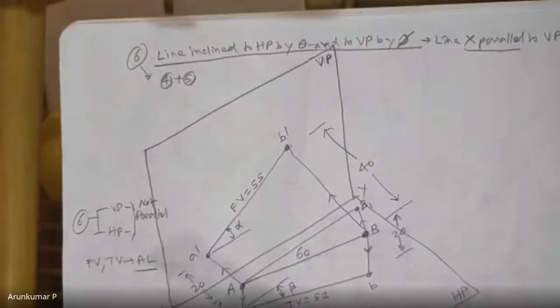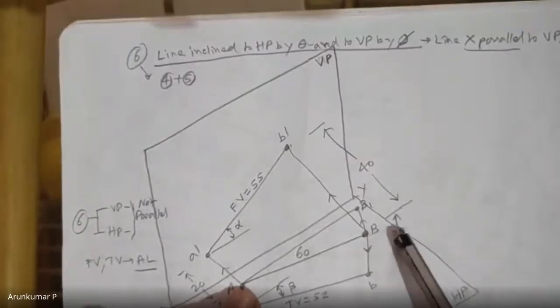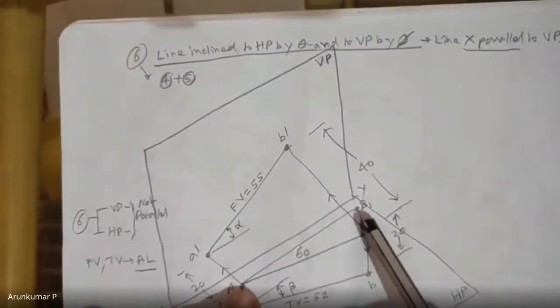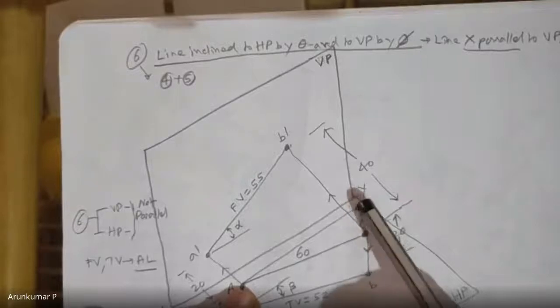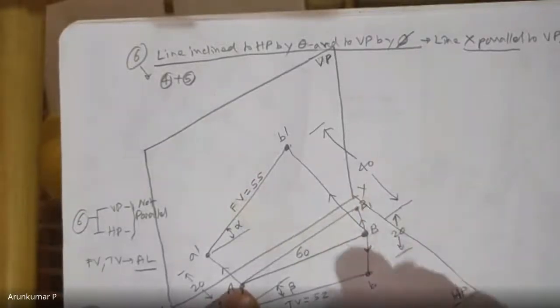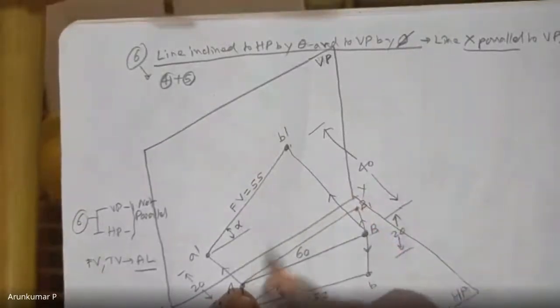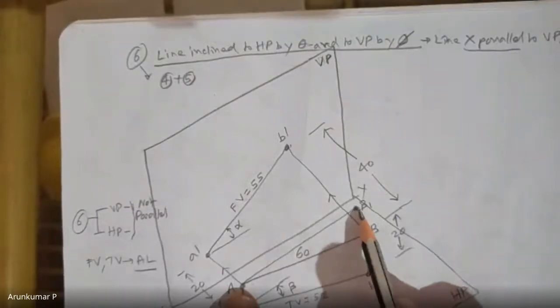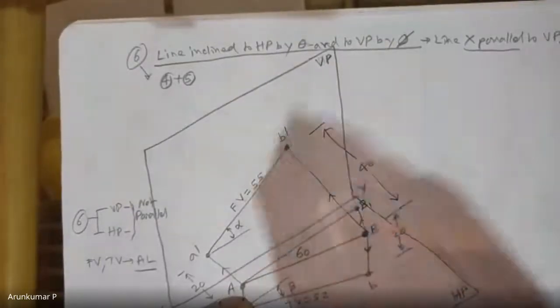So what have I done? AB1, I have kept A fixed and I have rotated the end B, and I have reached this new position B1. Now AB1 is parallel to VP.